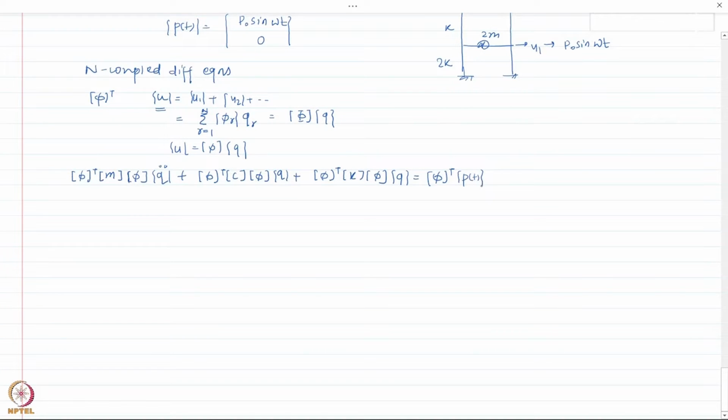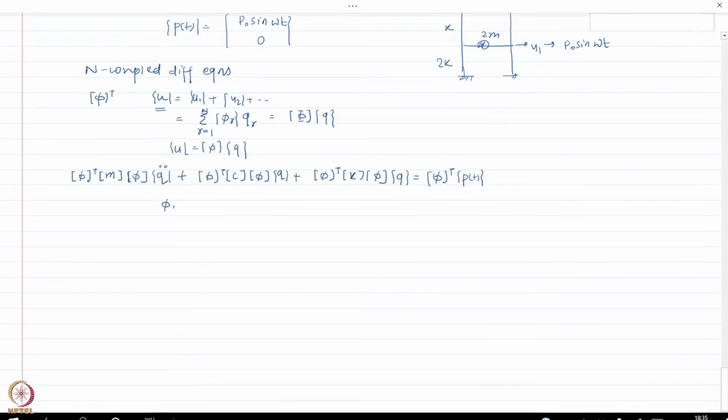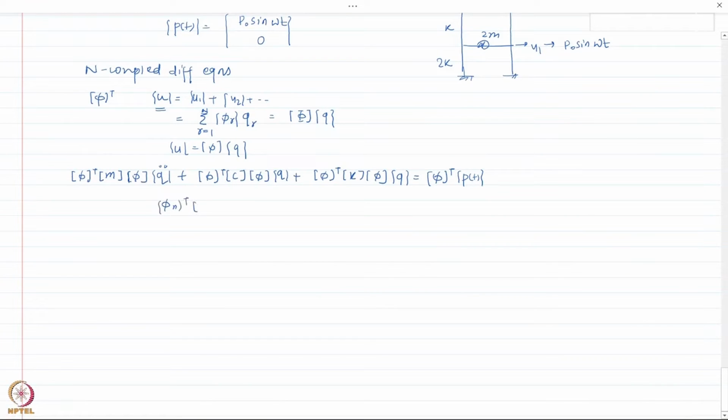Now, as we know, considering the property of modal orthogonality, if two different modes are multiplied, let us say phi n transpose times phi r, this is equal to 0 if they correspond to different modes, and the same goes for the stiffness as well. And if I have a classical damping matrix, the same relationship holds true for the damping matrix as well.